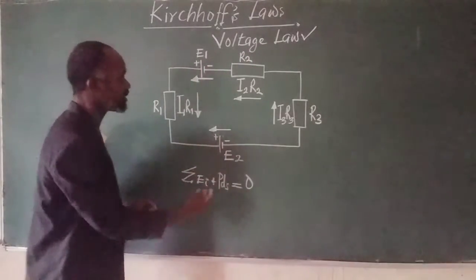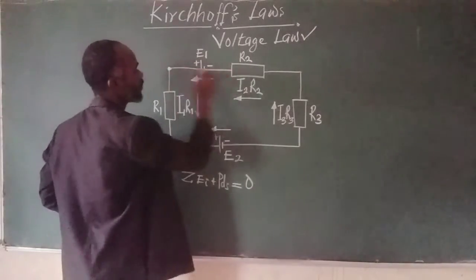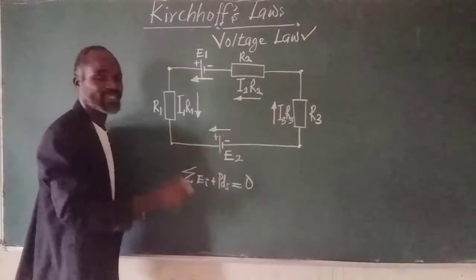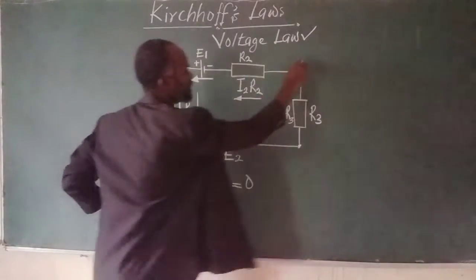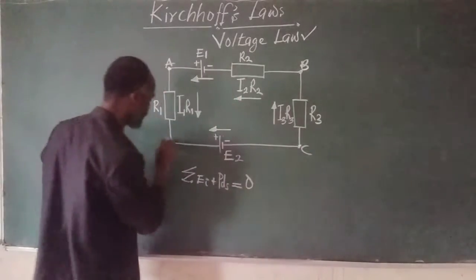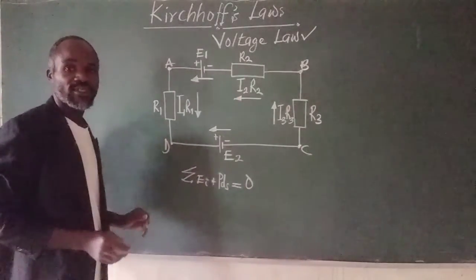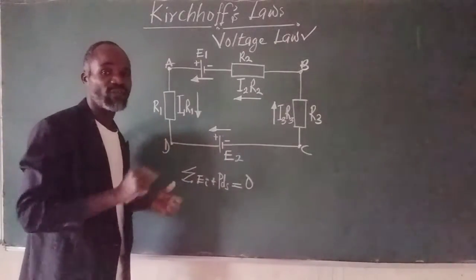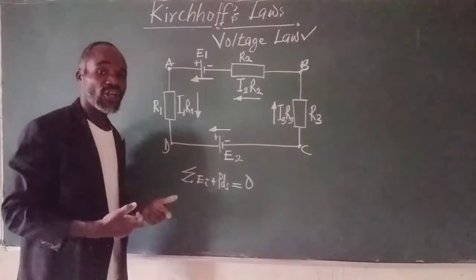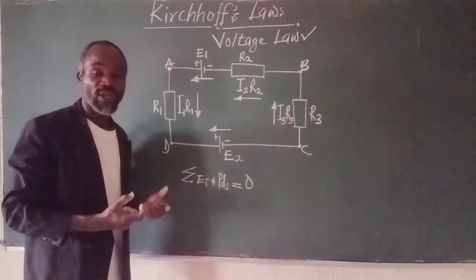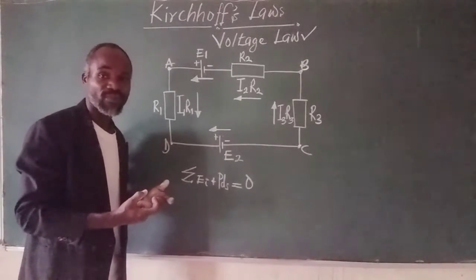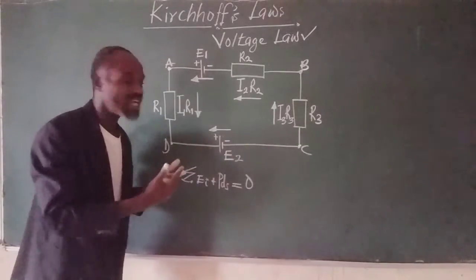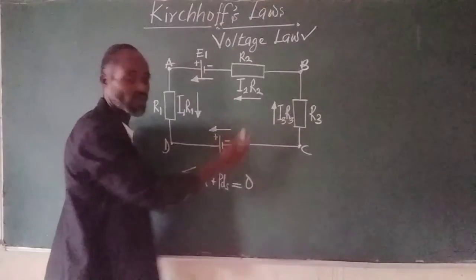So if we represent this, we go through a loop. That means in a closed circuit, if we take A, we take B, we take C, we take D, and back to A. So if I should restate the definition of Kirchhoff's law, that's what it means: in a closed circuit or in a mesh of circuits, the algebraic sum of the EMFs and potential drops across the resistances is equal to zero.